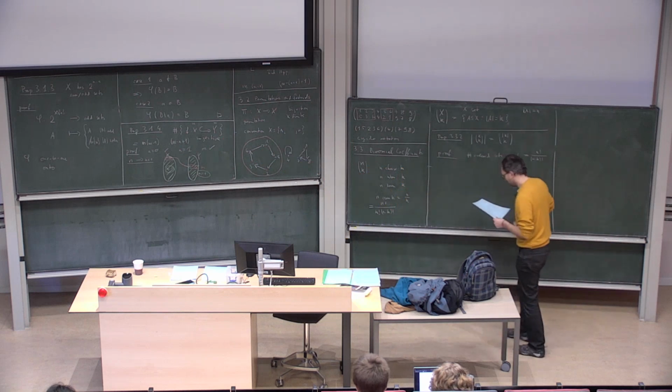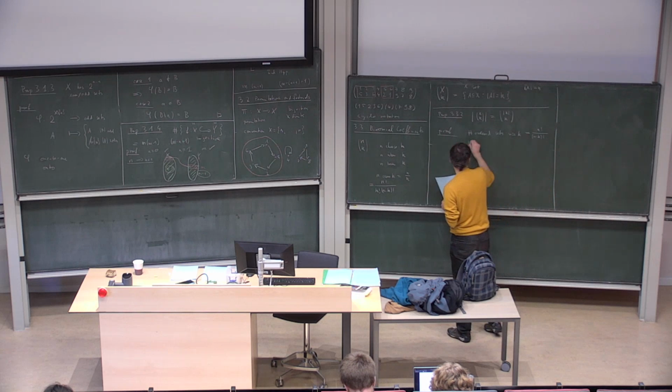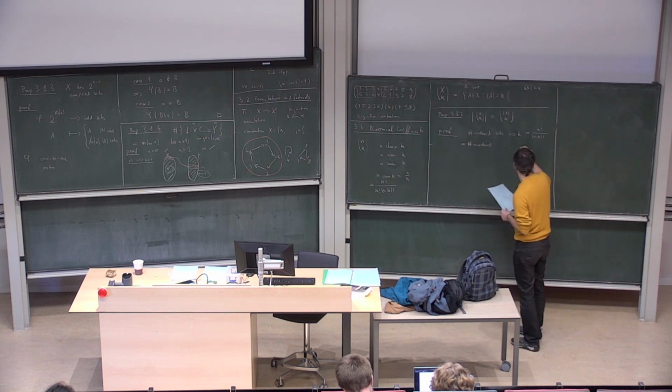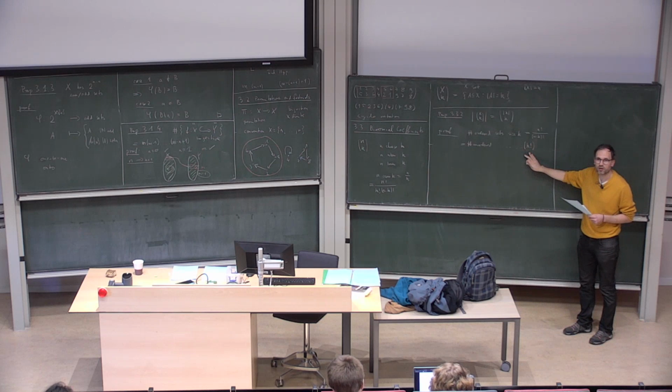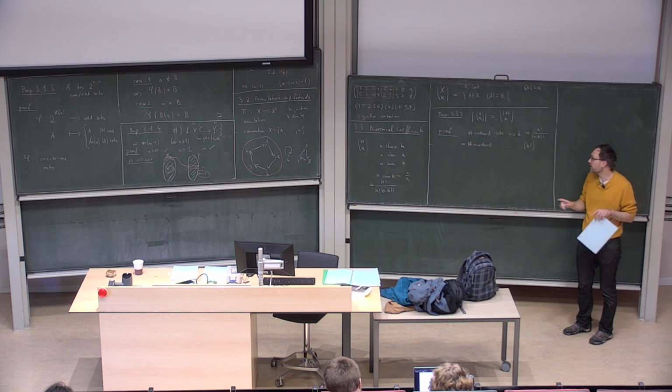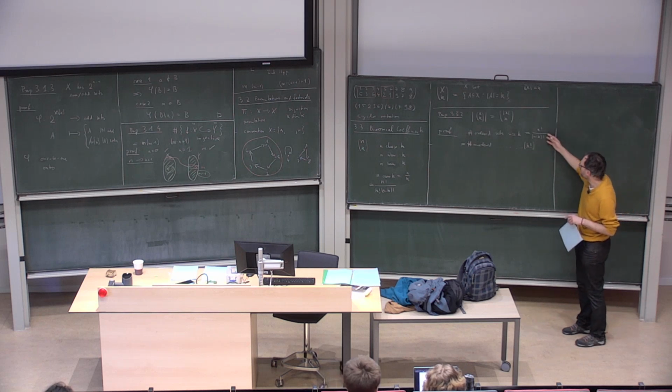Okay, but that's the same as the number of unordered sets of size k times k factorial. Why times k factorial? Because if I have an unordered set, there are k factorial many ways to make it an ordered set, and I would always lead to a different ordered set. And then we move that to the other side, and then we're done.